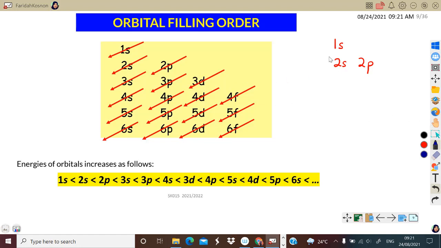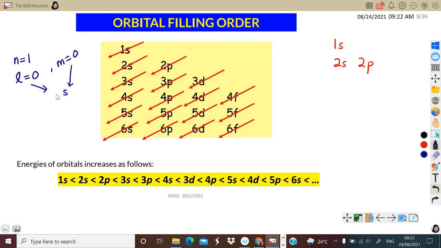Jadinya sekarang, kalau saya conteng kat sini, when n equals 1, you have already learned L value is 0. So when L value is 0, we have s subshell, dan when L equals 0, m also equals 0. Jadi we have s orbital. So when n equals 1, L must be 0, m must be 0.